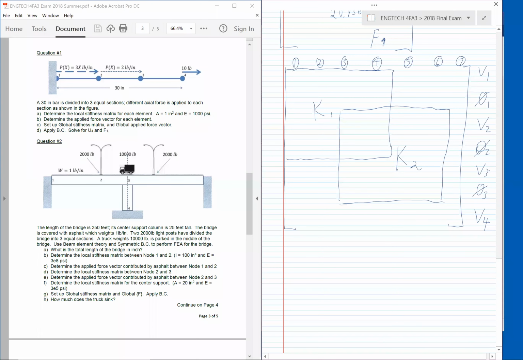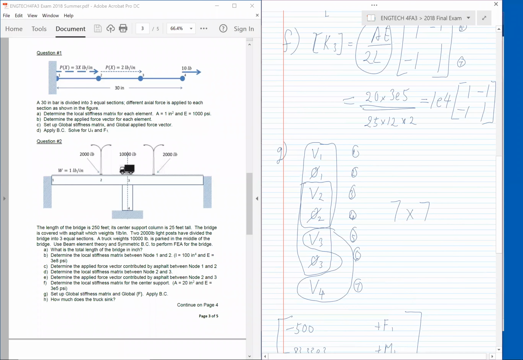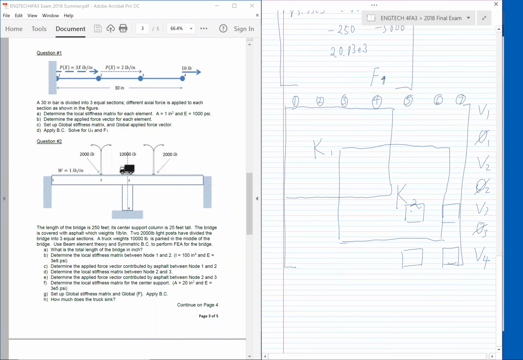And then the last matrix goes to right here. Yep, that's right. 1e4, negative 1e4, negative 1e4, and 1e4.